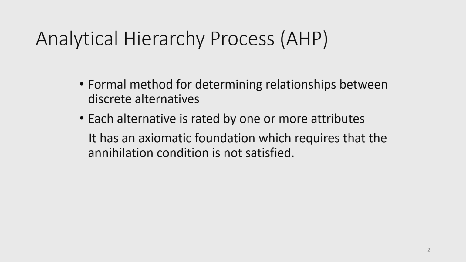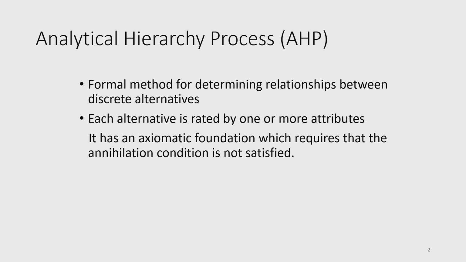It is a formal method for determining relationships between discrete alternatives. You may have alternatives in a very discrete form, for example whether it will be an IC engine, or a motor, or say a windmill. Like that you can have discrete options and you have to choose one.